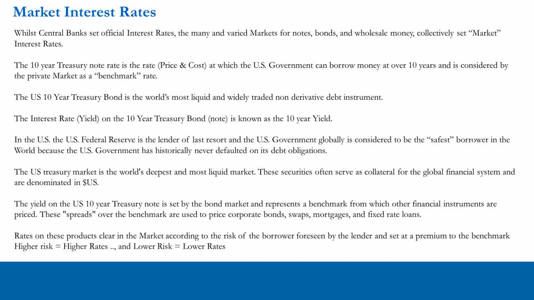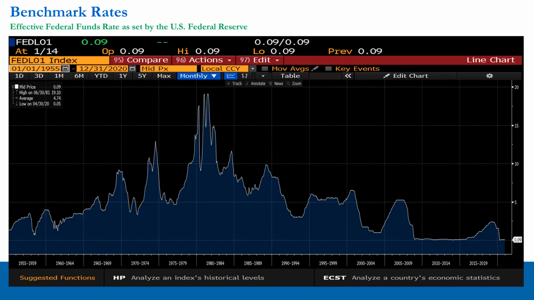Now we can also have a look at the visuals of official rates. This is the United States. So the Fed funds rate, the effective federal funds rate, as set by the US Federal Reserve. And we had a brief look at this in the previous video when we were looking at correlations between GDP growth and S&P 500 returns.